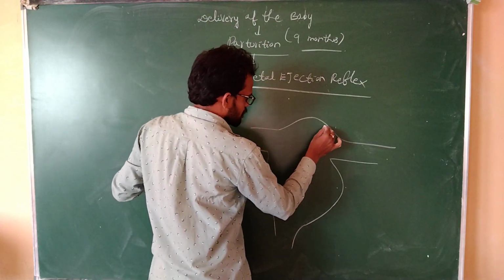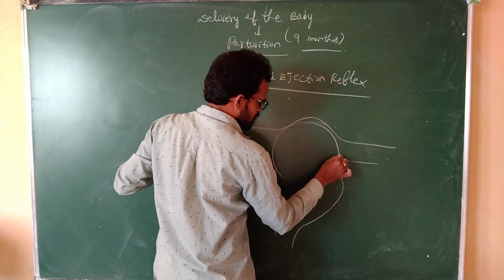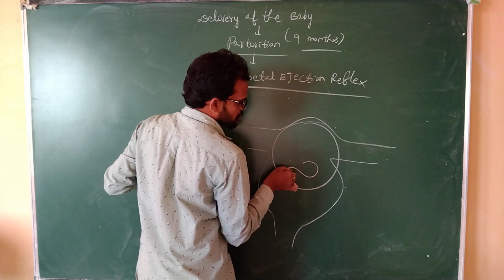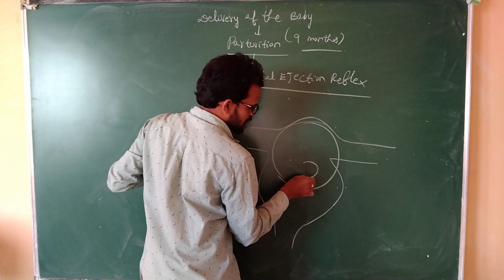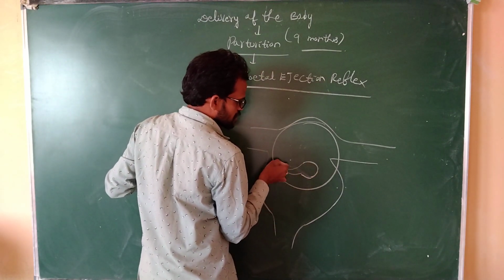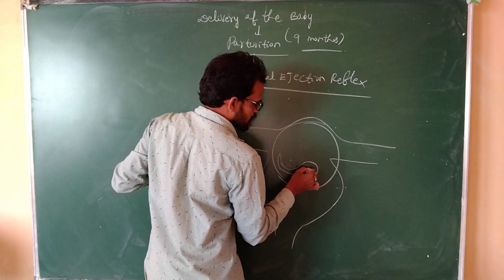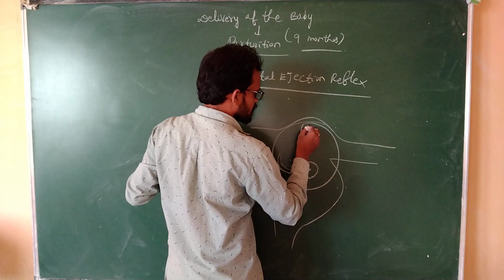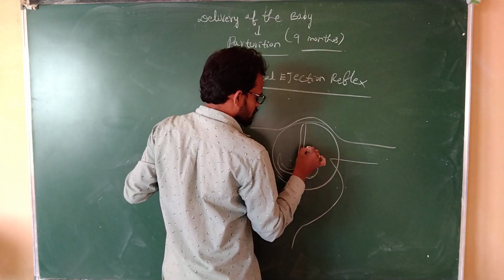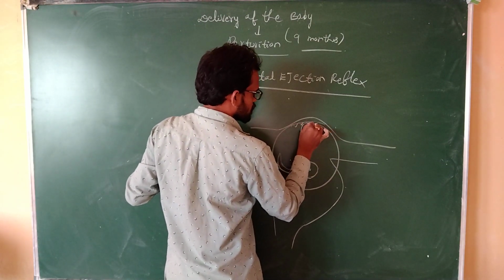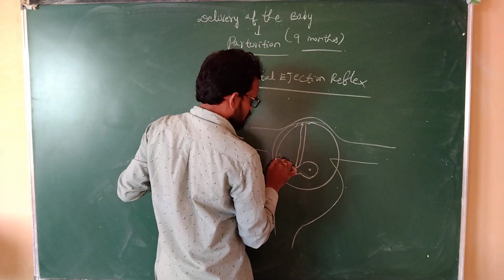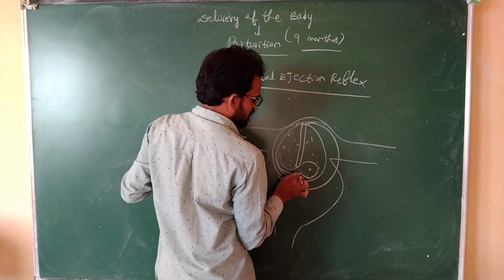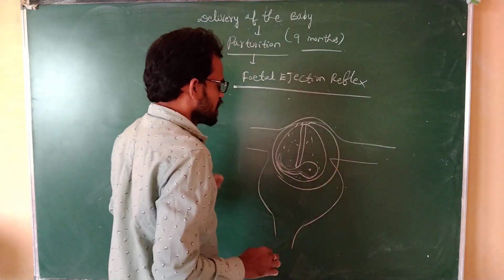The completely developed baby is formed inside the uterus, surrounded by the amniotic fluid, and the complete development takes place.